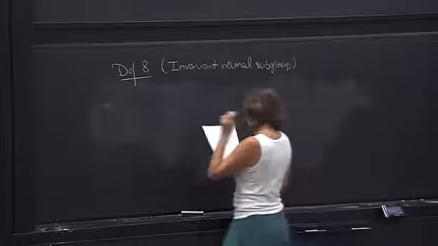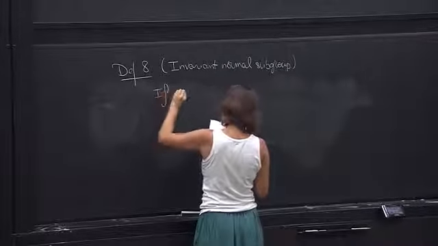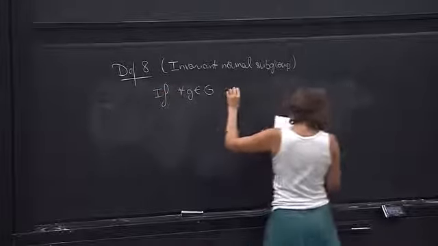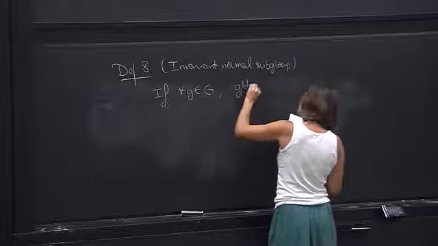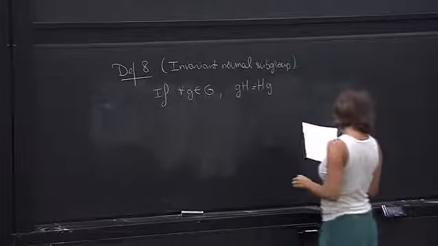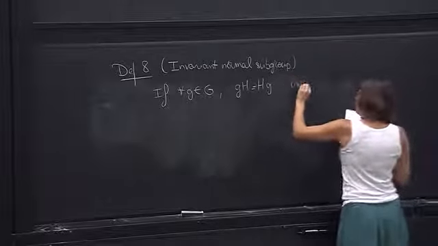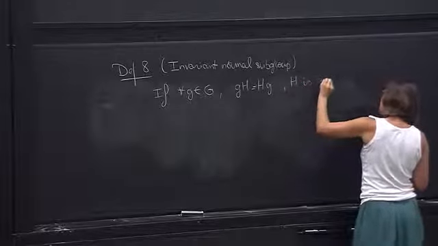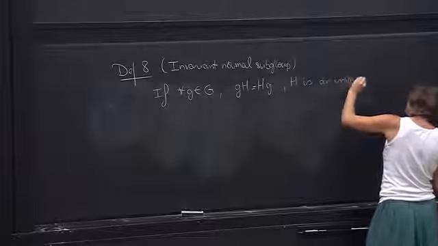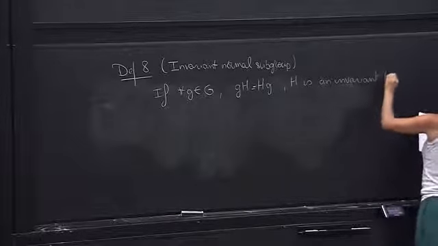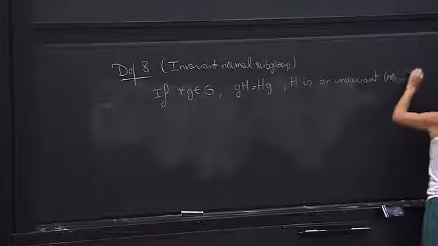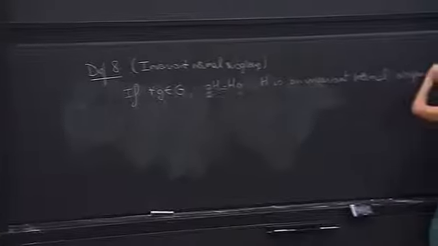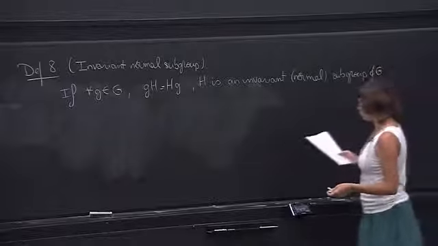So what is an invariant normal subgroup? If for all g in G you have that the right and left cosets are equal, then H is an invariant subgroup of G. Sometimes you forget about the word normal.